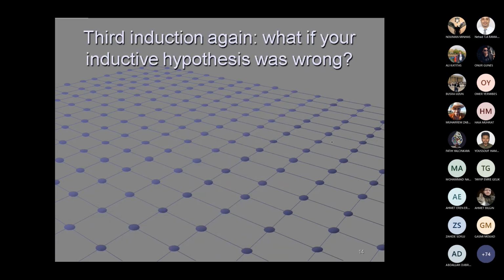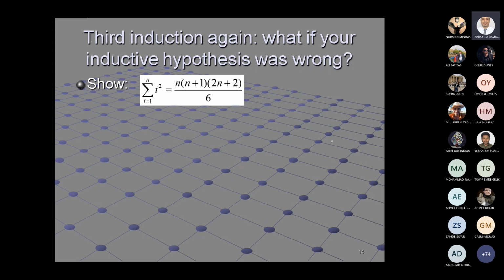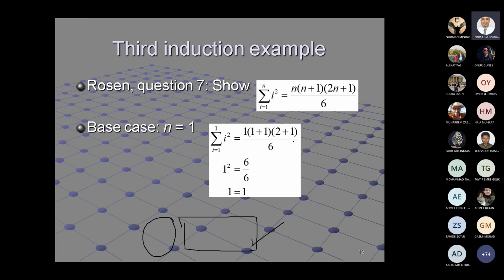Okay. What if the hypothesis is not correct? Let's take this example. Show that, look, this same example here, same example, but we take this one plus 2.